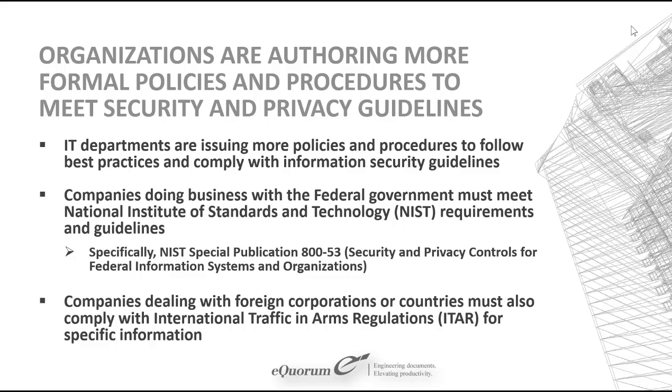Specifically, NIST Special Publication 800-53, Security and Privacy Controls for Federal Information Systems and Organizations. And companies dealing with foreign corporations or foreign countries must also comply with International Traffic in Arms Regulations, or ITAR, for specific information, even though they're not specifically trading in arms.